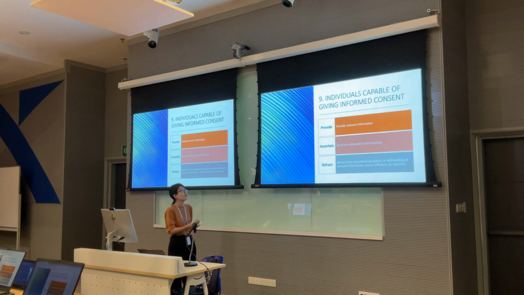They will seek your consent, but after providing you all the relevant information or knowledge about their research study. Then you have to make sure they are able to communicate, meaning ascertain your participants have adequate understanding about your research study and are able to communicate with you.